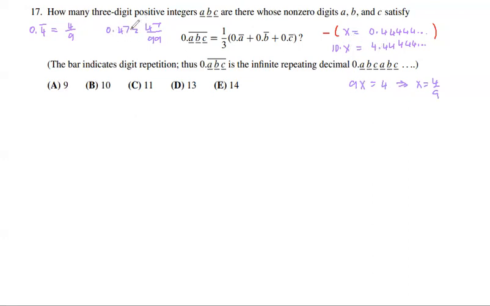But when you have two digits repeating, you need to multiply this number 0.47 by 100, so you can line up those 47s and cancel them when we subtract. So you get 100x minus 1x, which is 99x, equal to 47.